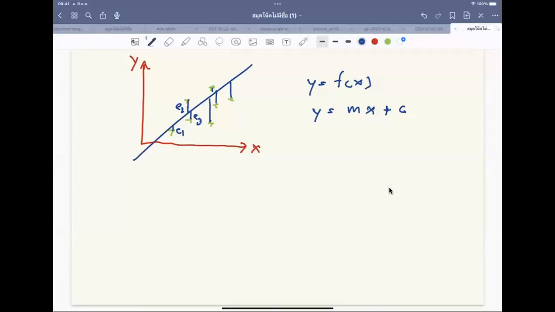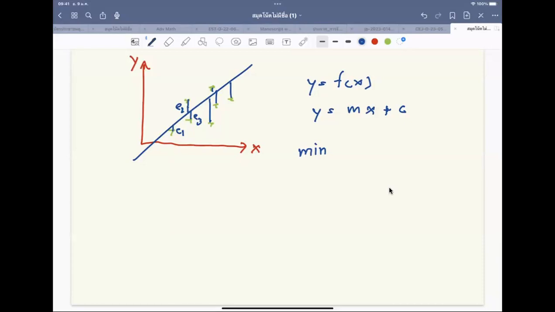Okay, so we can formulate optimization problem as minimize what are our decision variables. What are our decision variables in this case? No, error, it's not decision variable. Error, it's just performance, just objective function, right?